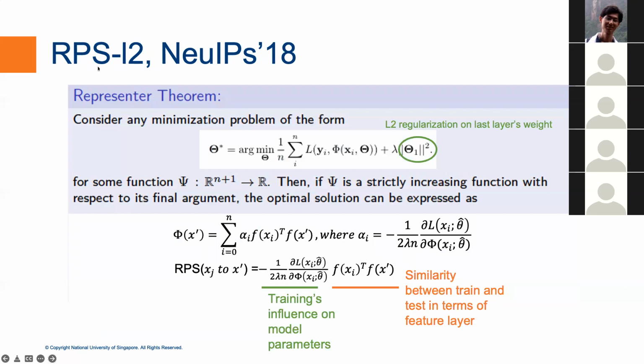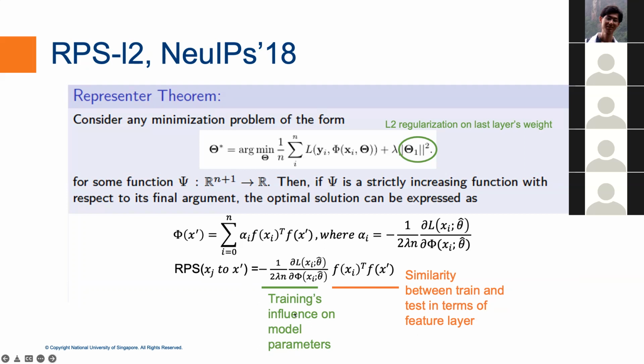For the RPS-L2 published in NeurIPS 18, they just use L2 regularization on the last layer's weight. They derive that this alpha i will take this form. And the kernel function is simply the inner product similarity between the train and test in terms of the feature layer.